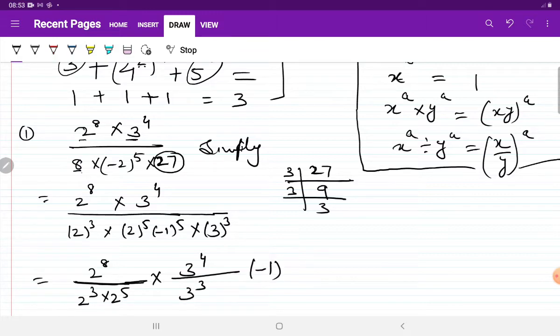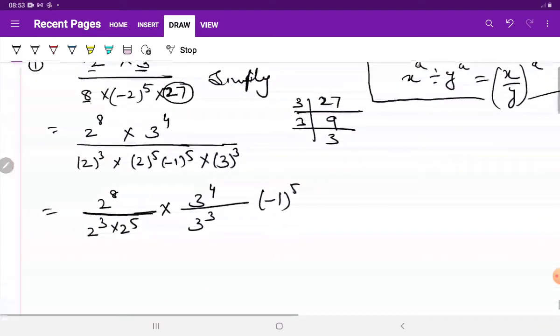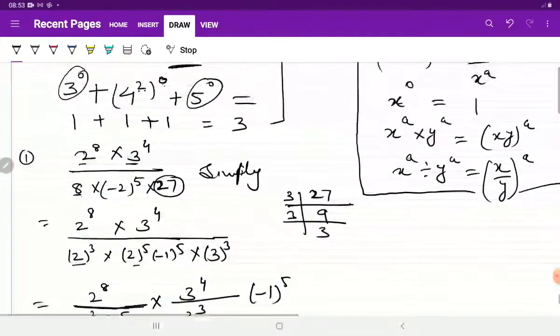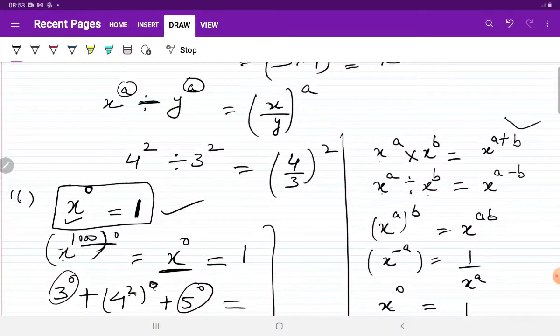Here I am writing power 5. Okay. So what I got? 2 raised to power 8, 2 raised to power 3, 2 raised to power 5. So this we can apply here. Base is same. Multiplication, powers will add. 2 raised to power 8, both powers we can add. Okay. We are using here this law, first law.